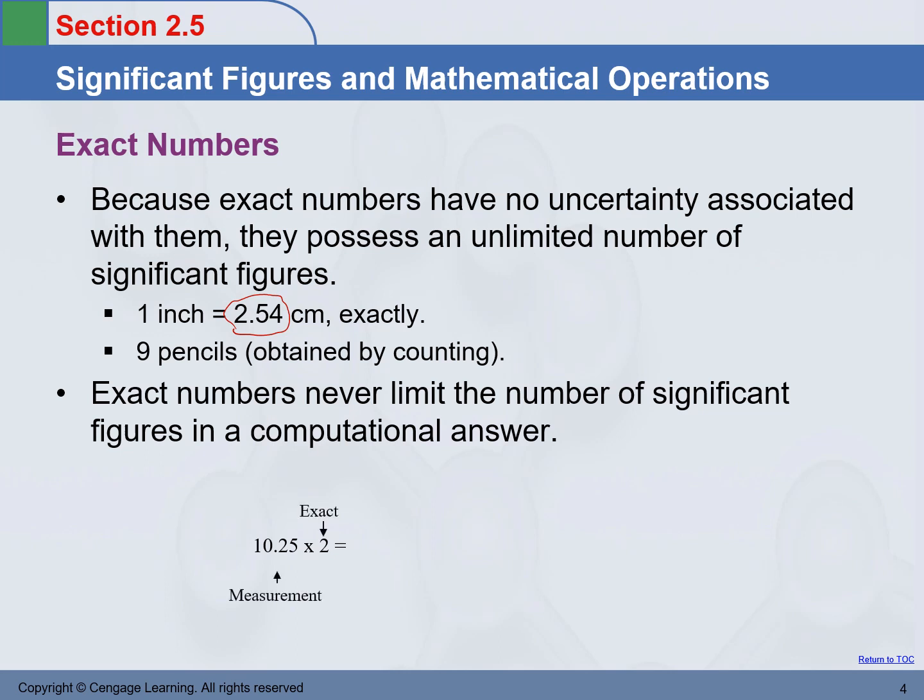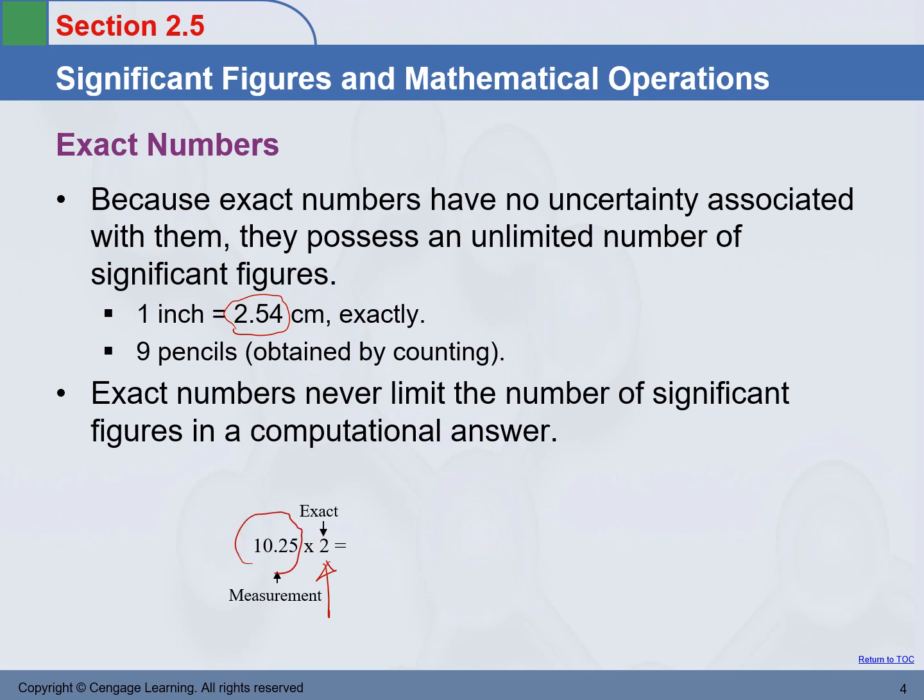Example, you're performing 10.25, which is a measurement, multiplied by 2, which is an exact number. So you measure the length of a sample, and you have 2 of those samples. You want to know the total length. So you use the measurement 10.25 multiplied by 2. Number 2 is not a measurement. It's exact. So number 2 doesn't limit your sig figs in your answer.